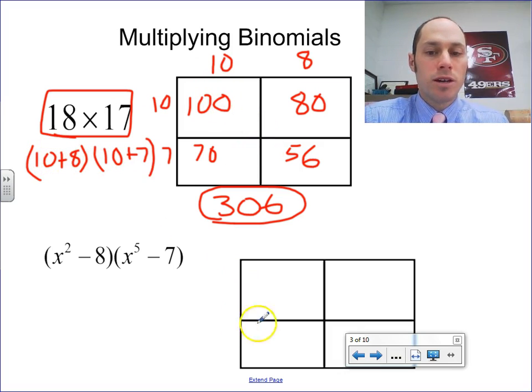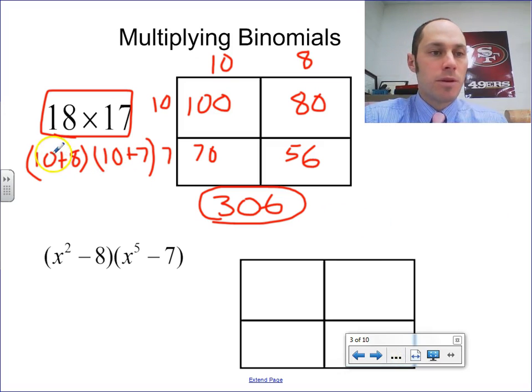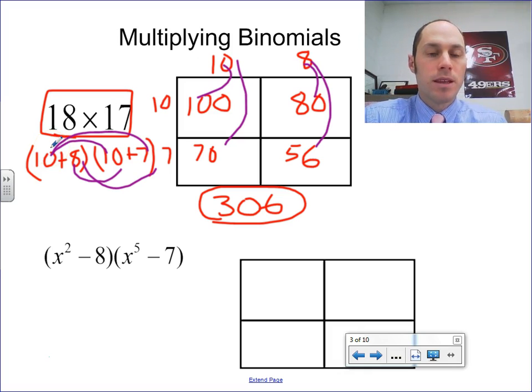So what we're doing is distributing, and as we distribute, I multiply the 10 times the first 10, and the 10 times the 7, and then I multiply my 8 times the 10, and then my 8 times my 7. I multiplied all combinations. It's really using the distributive property.